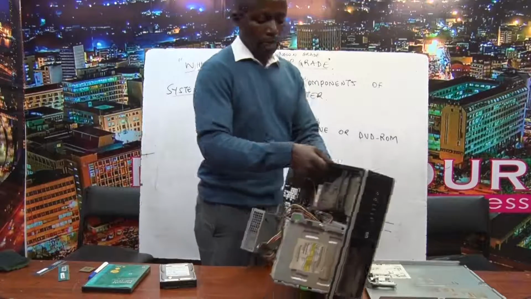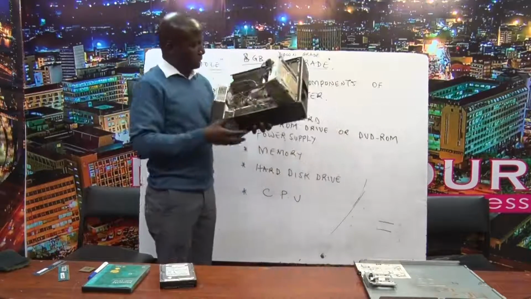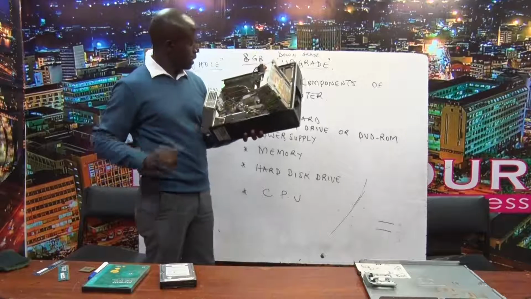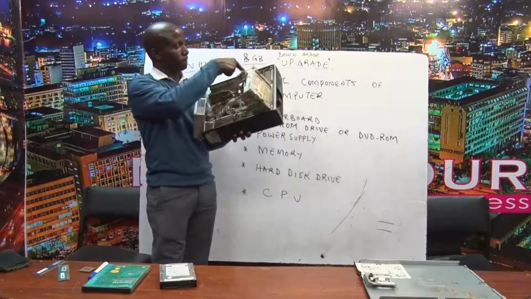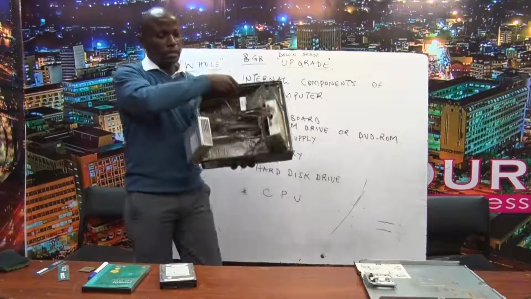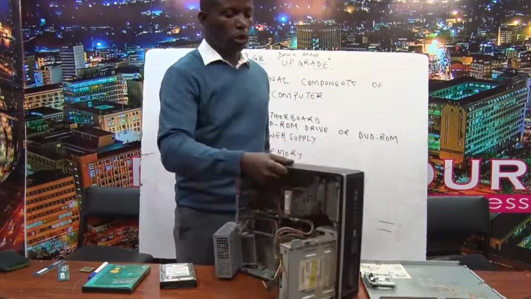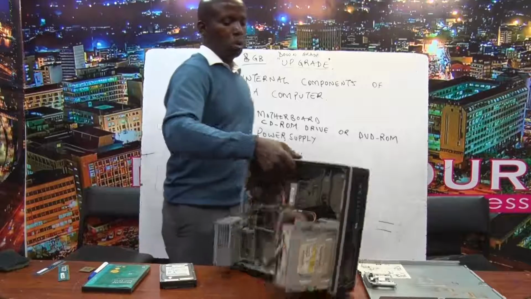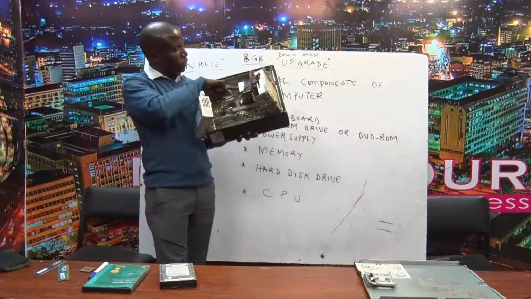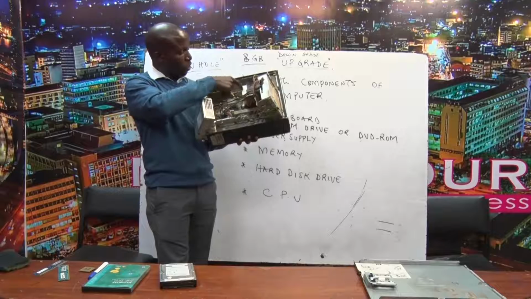Very good. Apart from the motherboard, where most of the electronic components connect to, we have what we have here as the CPU. That is the single most important component in your computer. So the CPU is actually here. It's been so much protected, and what protects it is what we call the heatsink.